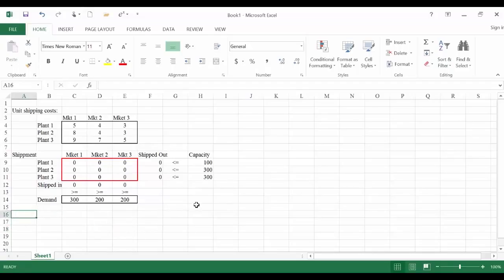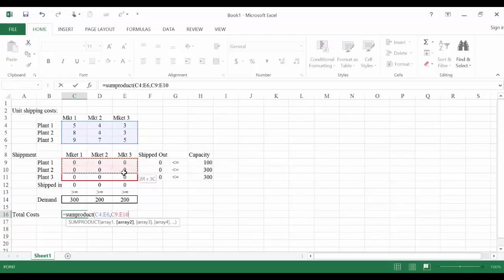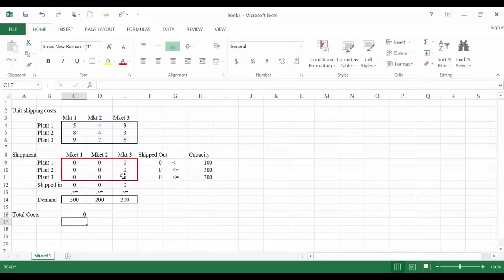Then our target, the objective here, is to minimize the total shipping costs. This simply equals the sumproduct of the unit shipping costs and the amounts to be shipped, which are our decision variables.